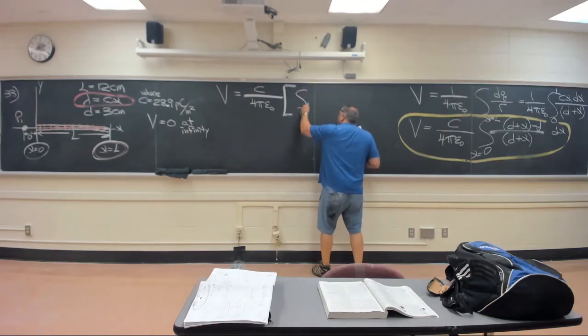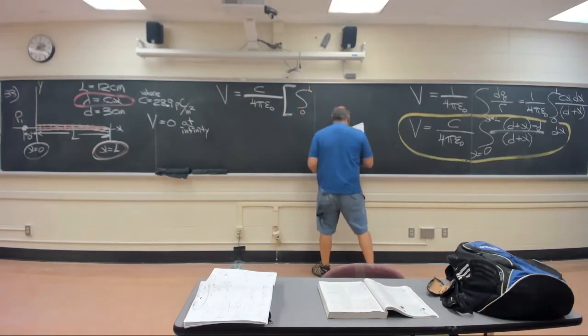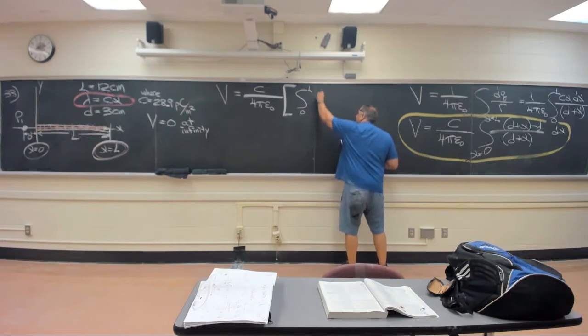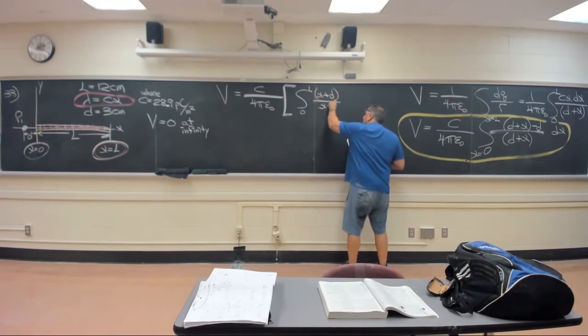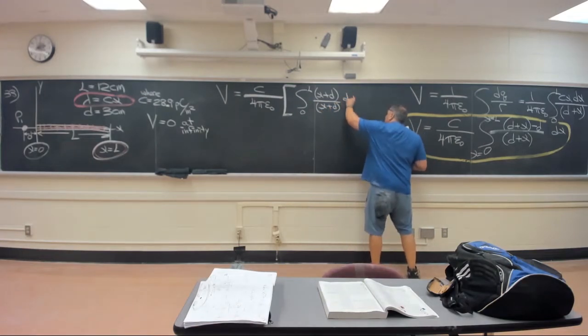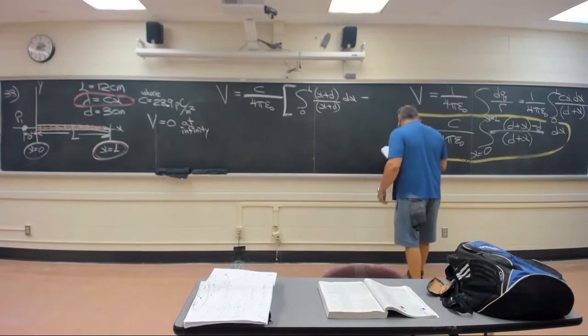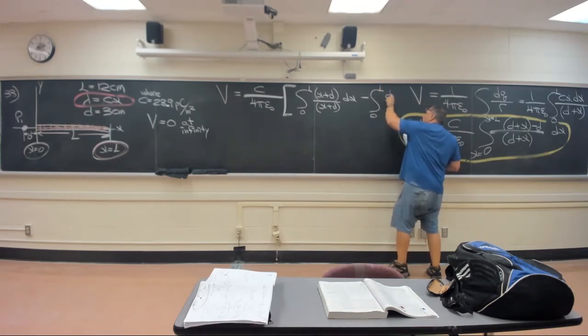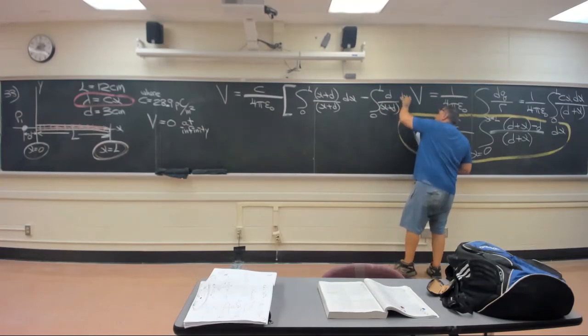Here goes. From 0 to L. In the notes, I didn't do it until the end. What the heck? It's a horse apiece, you guys. You go like this, and you got x plus d over x plus d dx minus the integral from 0 to L of d over x plus d dx.